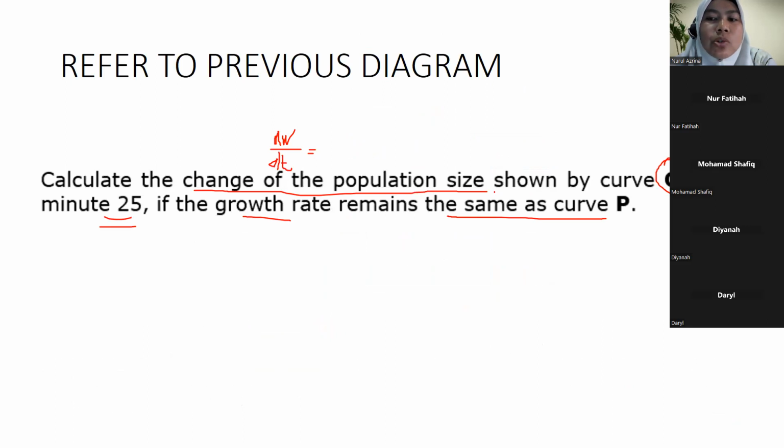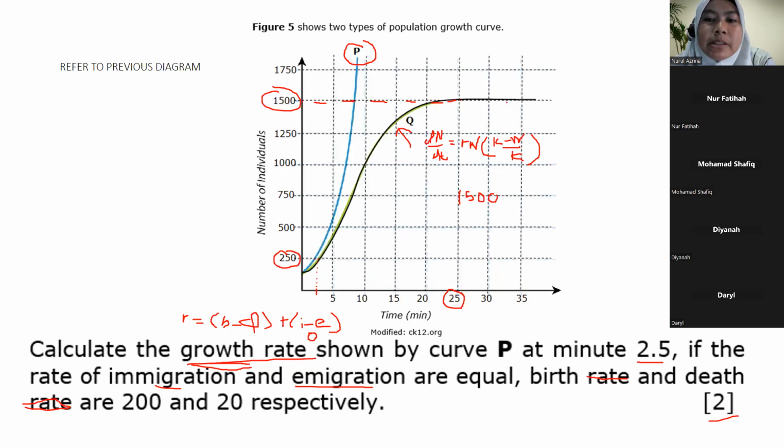Change of population size shown by curve Q at minute 25 if the growth rate remain the same as P. Growth rate remain the same as P. So growth rate berapa? 0.72. So 0.72 times 1,500. Lepas tu darab dengan K minus N over K.